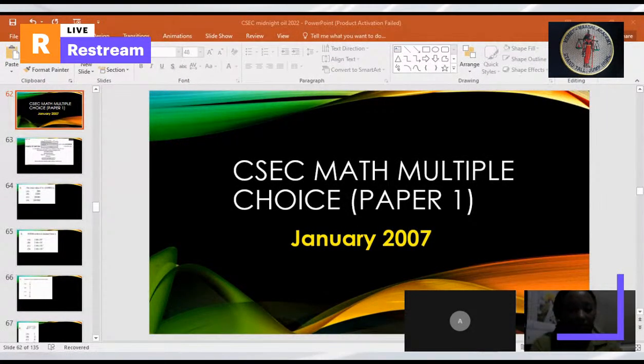So remember that the CSEC multiple choice paper has 60 questions with 4 options each to choose from, and no calculator is allowed. So you have to be able to work these problems out on your own without the benefit of a calculator.